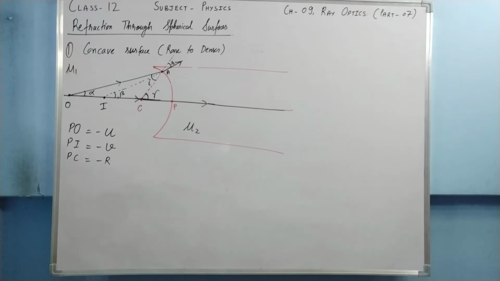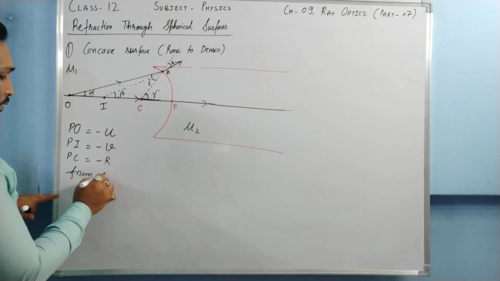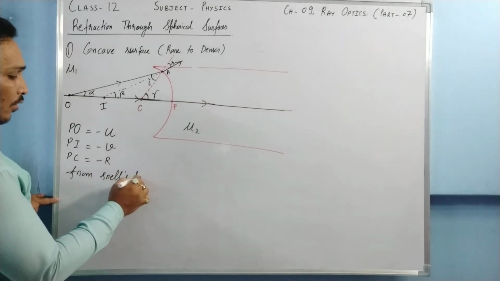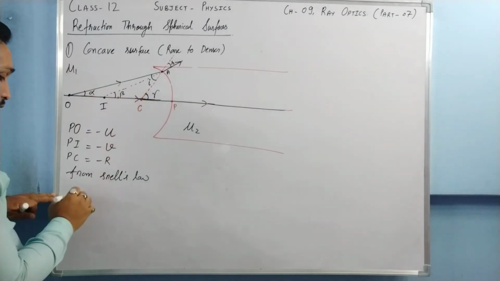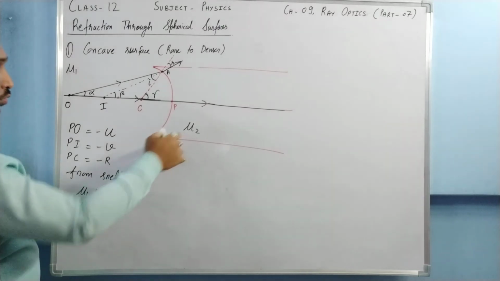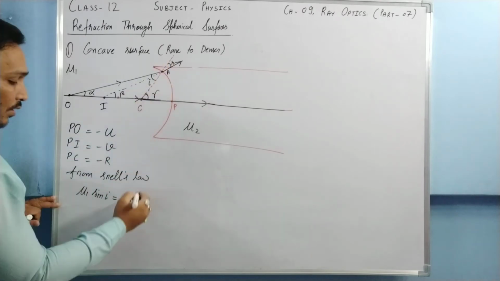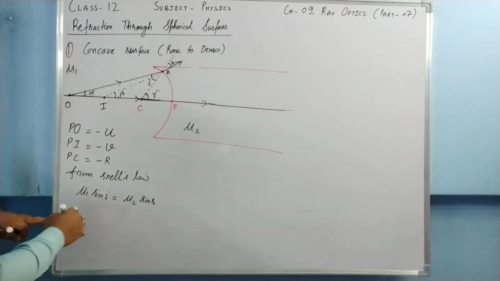Now what I am going to do, I am going to apply Snell's law simply. So from Snell's law, just see, mu1 is the refractive index, i is the angle, so it will be mu1 sin i is equal to mu2 sin r. Very good. Now what we have discussed already in the very beginning, I have told you that the assumptions to study ray optics are that all the rays are paraxial.